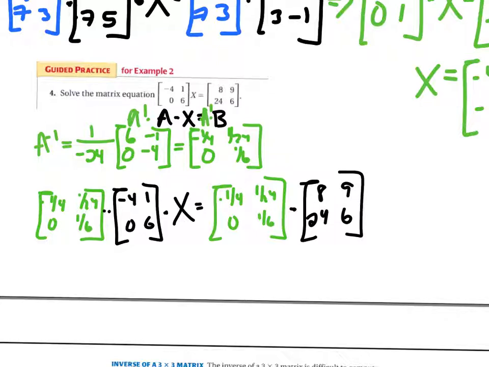And these two matrices in the front, the inverse of A and A, will go away. They become the identity matrix. So X ends up being just the multiplication of these two matrices. Don't be scared. You can do it.